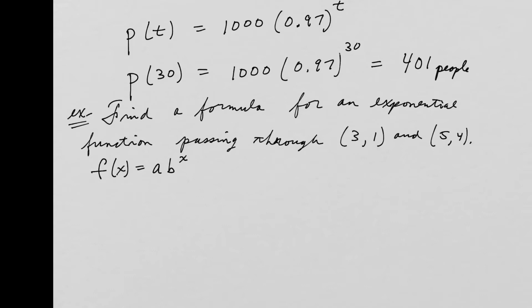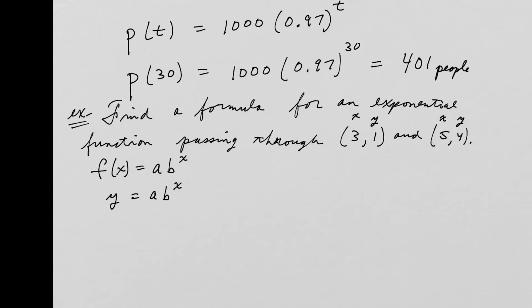You can call f of x something else, maybe y. So y equals A times B to the x, and these 2 points are x and y, the input and the output.